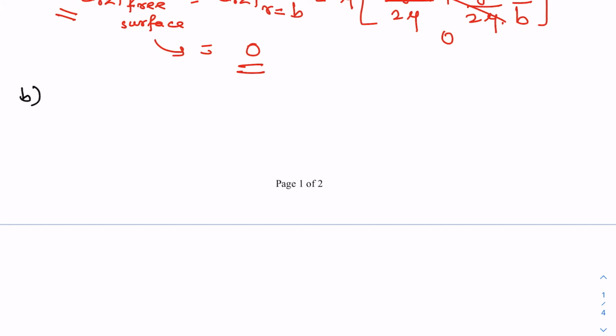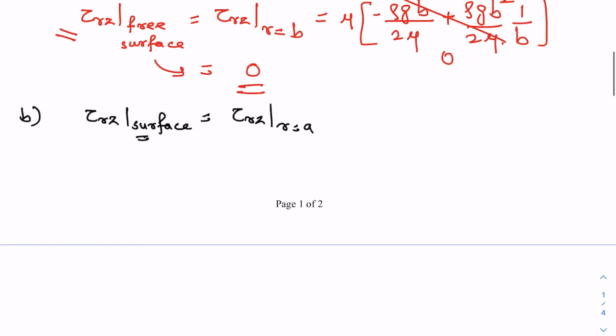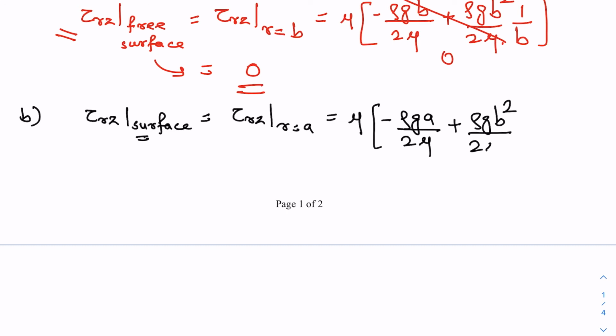So we need to find tau rz at r equal to a. So r equal to a is at the surface of the rod, and this comes out to be minus rho g a over 2 plus rho g b square over 2 mu a, times mu.